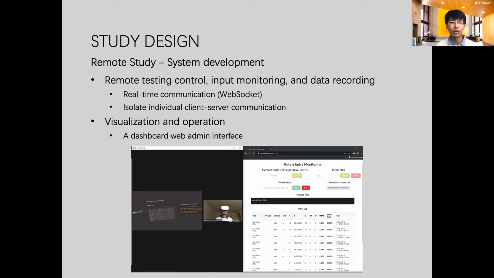This system used a combination of Zoom screen sharing and a server that could establish a WebSocket connection for the client device. These additional developments help the moderator monitor the study progress efficiently, and the moderator can intervene in case of potential issues.